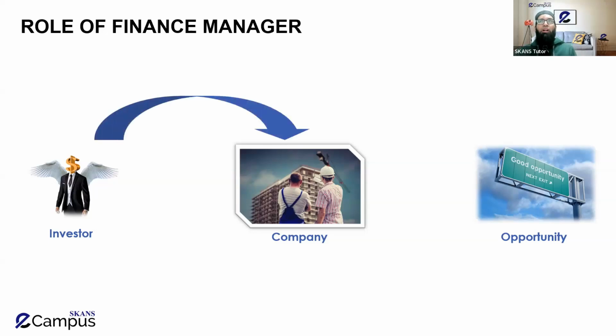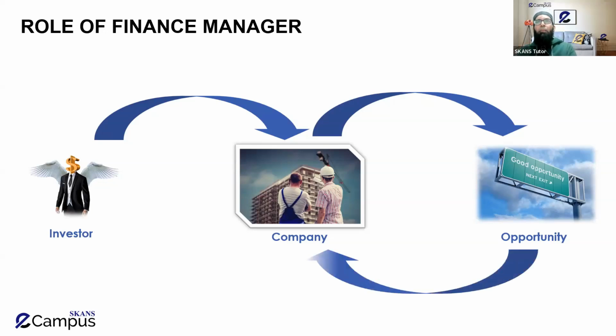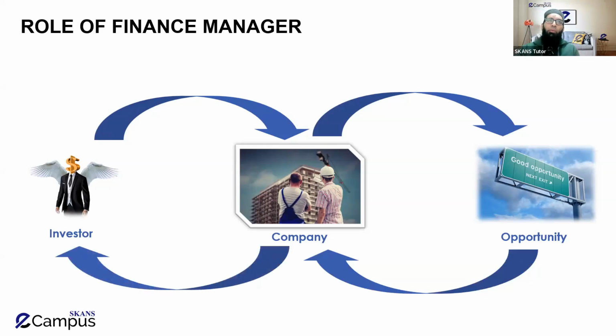Therefore, funds will be transferred to the company, and then the company will use these funds in the opportunities. From these opportunities, the company will generate returns, which it will then transfer to the investors. So this is the complete cycle that generally follows.